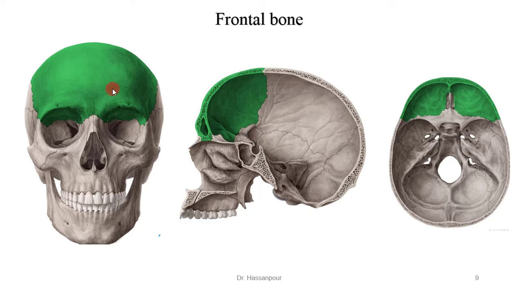The squamous part makes up the largest portion of the frontal bone and encompasses the area of the forehead. The orbital part is essentially the part of the frontal bone that contributes to the bony orbit, and the nasal part is the portion that articulates with the frontal processes of the maxillae and the nasal bones, and this is basically the portion that helps form the root of the nose.